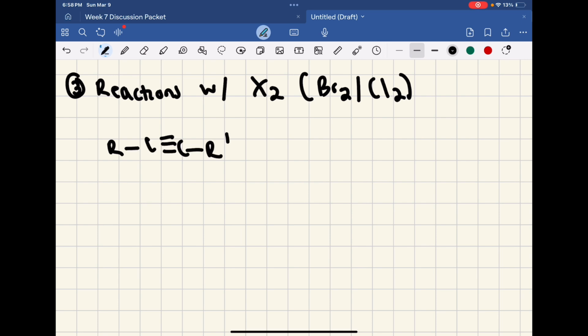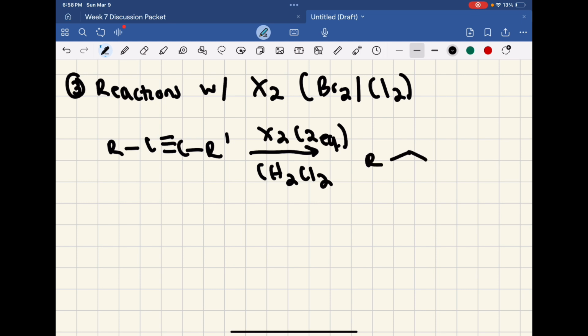So if we had a generic internal alkyne, and I used 2 equivalents of a diatomic halogen, and maybe I used dichloromethane as the solvent, we should expect this tetra-substituted divicinal halide. Vicinal just means 2 on adjacent carbons, and there are 2 sets of these.